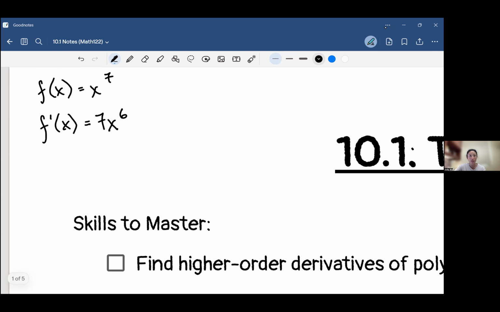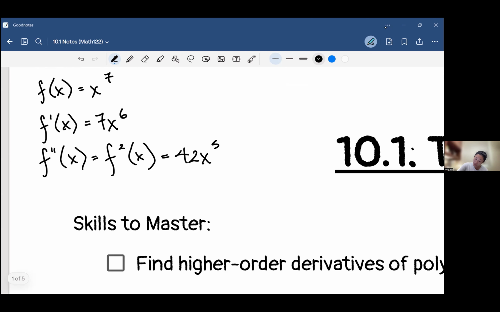We can do this process again, and sometimes we write this as f double prime, but we can also write this as f^2 of x. That little 2 means that we're finding the second derivative. We would use our power rule again and get 7 times 6, which is 42, x to the 5th.